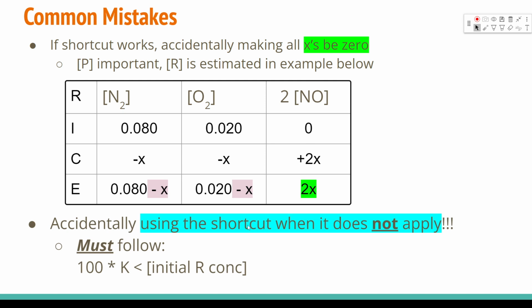Sometimes students just check the shortcut for one of the reactants and it works, and then it doesn't work for another reactant. You have to check all the reactants to follow the shortcut. So you cannot do this if the shortcut doesn't work. If the shortcut doesn't work, then you have to do the quadratic sometimes, or perfect squares, or regular algebra, depending on what it is. So be very, very careful.